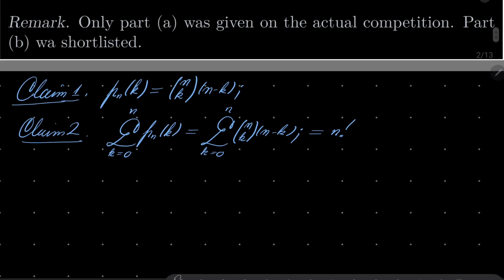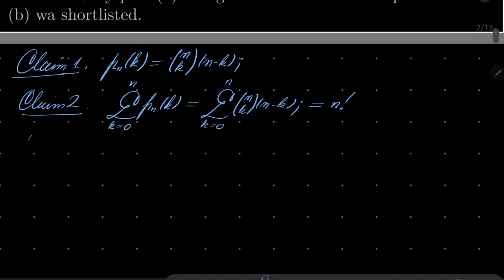And now, after proving these two claims, I will justify a third claim, which will be useful. Claim number 3: k times n choose k equals n times n minus 1 choose k minus 1. It's very easy to verify it. You just have to expand both sides.